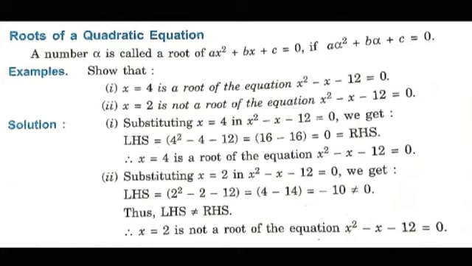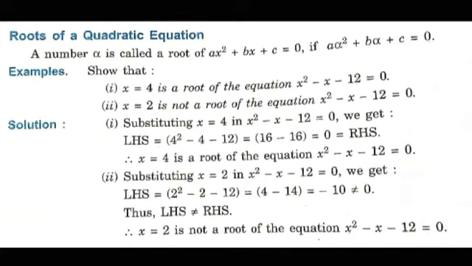Here the definition is given. A number alpha is called a root of the general equation ax square plus bx plus c equal to 0 if a alpha square plus b alpha plus c is equal to 0. Which means, if any number is called a root of the equation, then instead of x we substitute that value in the equation.